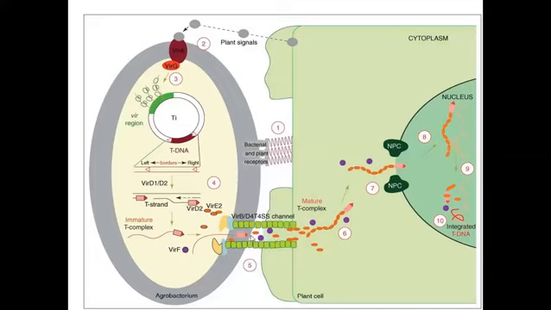In this process, virulent B, virulent D4, and virulent T4SS help in the formation of a channel between Agrobacterium and target plant cells.